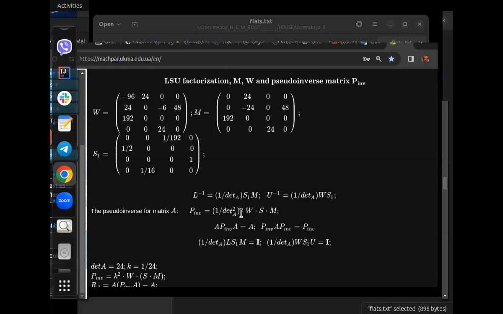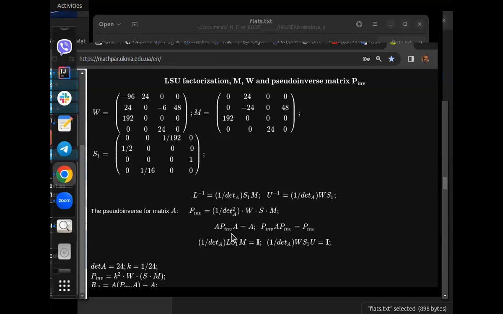The pseudo-inverse has this form: W S M divided by the determinant of A to the power 2. In the case when the matrix A is not full rank, this is the determinant of the biggest non-zero minor that you can obtain during the algorithm. And what is the property of this pseudo-inverse? If the matrix A is invertible, it would be the clear inverse. If it is not invertible, then two identities are true.